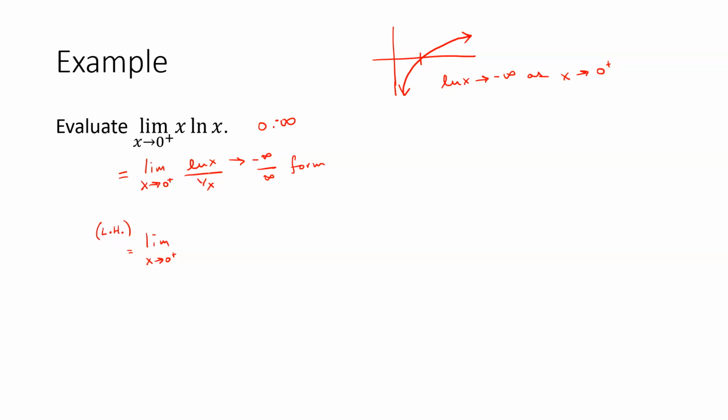So taking the derivative of ln x, we get 1 over x. And then taking the derivative of 1 over x, which is like x to the negative 1, that's negative x to the negative 2, or negative 1 over x squared.